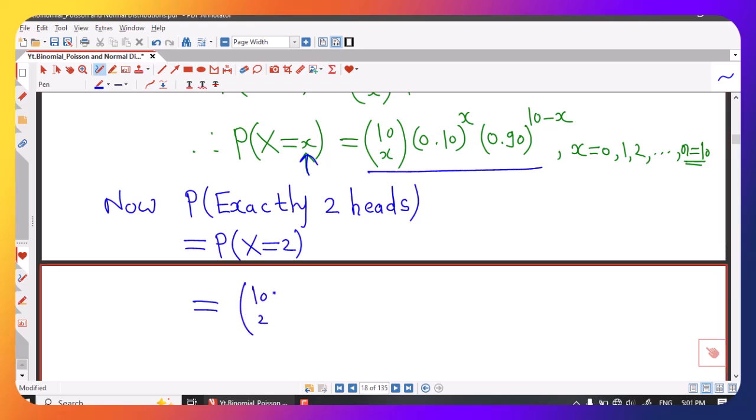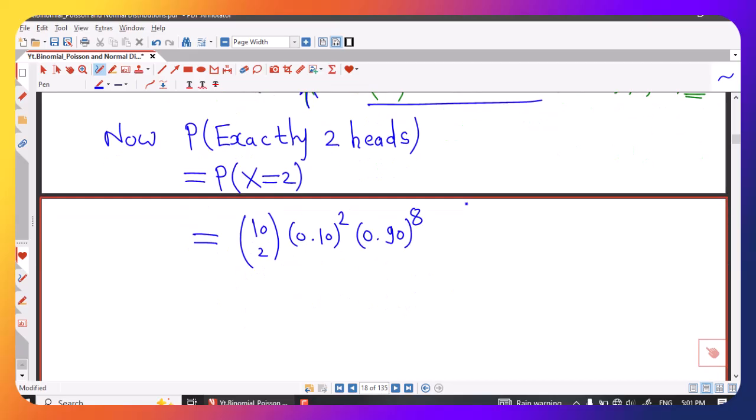So we have 10C2 times 0.10 to the power 2 and 0.90 to the power 10 minus 2, that is 8.